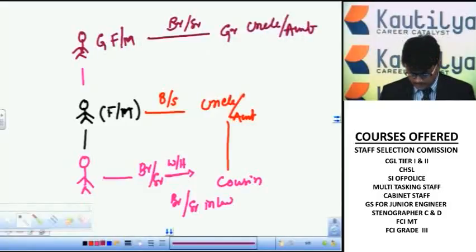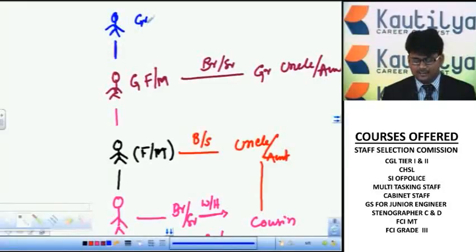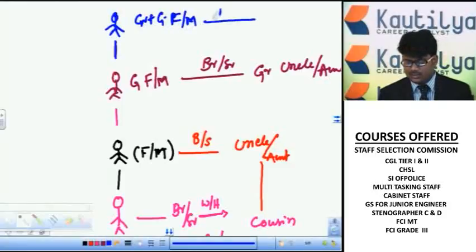If that person has a parent, that parent is called great grandparent, that means great grandfather or great grandmother. That person's brother or sister is called great grand uncle or great grand aunt.